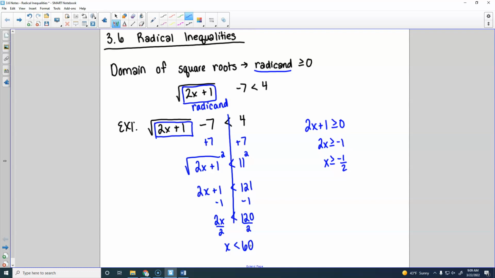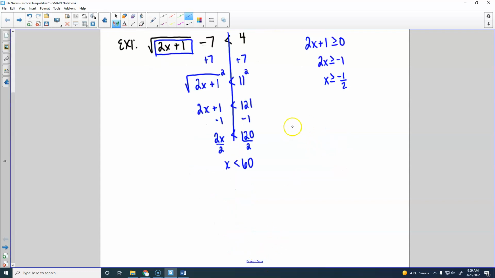So x is less than 60 is our answer for this problem, but we have to think about the domain of this problem as well, right? The way that I usually do this, you can do this mentally if that works for you, but you might need to actually write it down. So I've got 60 and I've got negative 1/2.